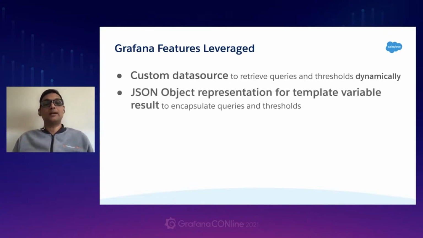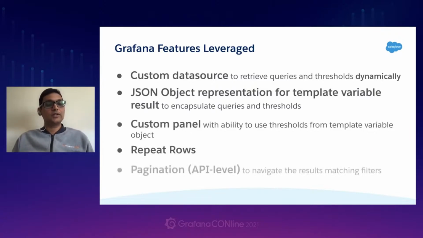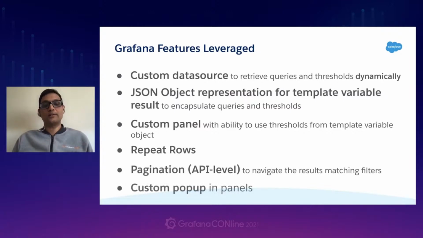And then we have represented the template variable result as a JSON object so that the custom panels can make sense of the thresholds while rendering the health. And then we have leveraged the repeat rows feature. We've implemented the APIs to be paginated so that we only show one page at a time. We have implemented custom pop-ups in the panels to provide rich context.